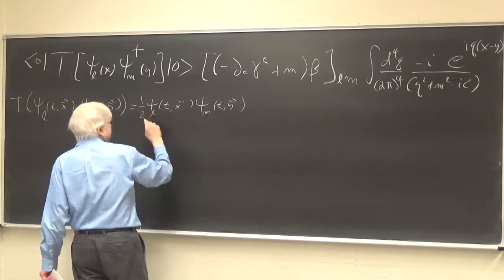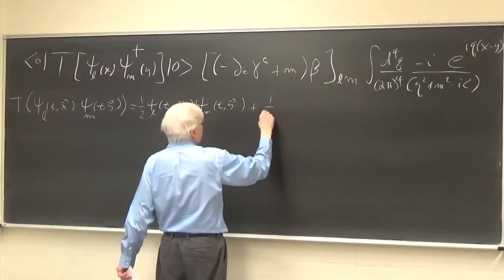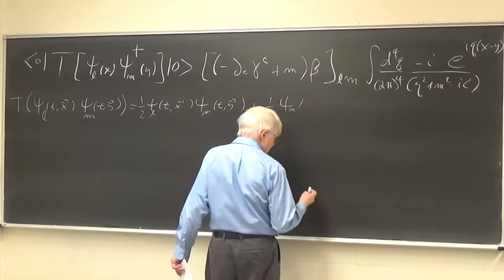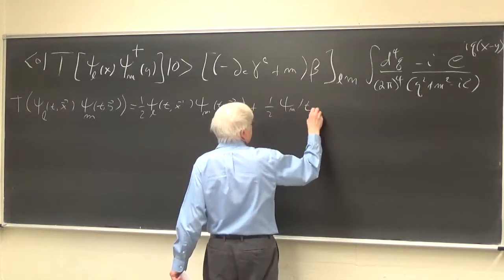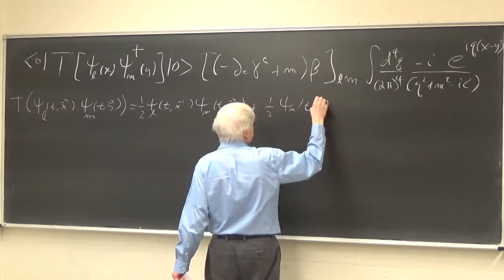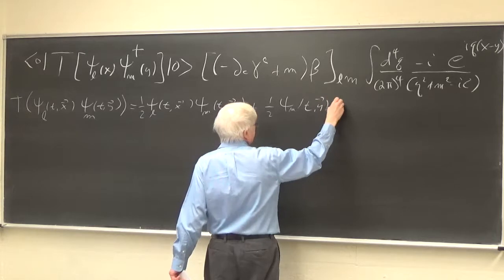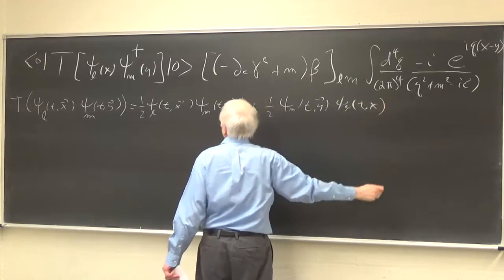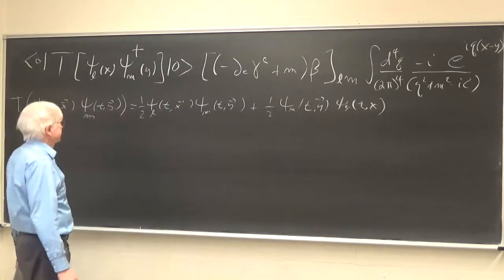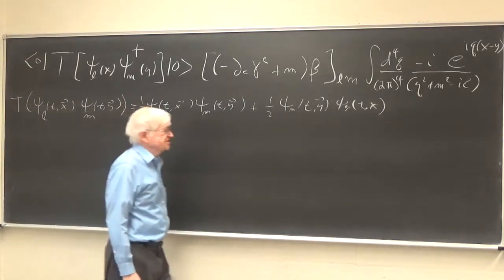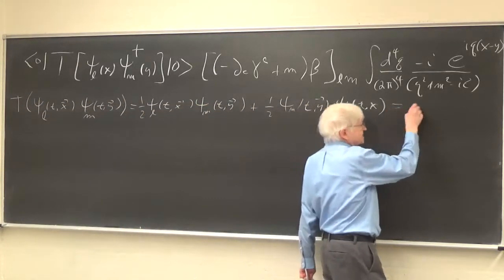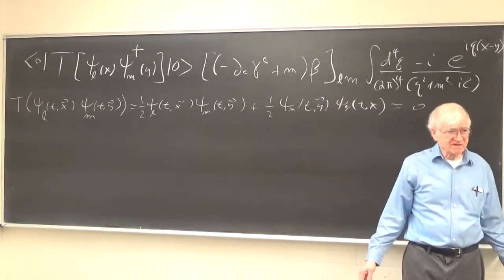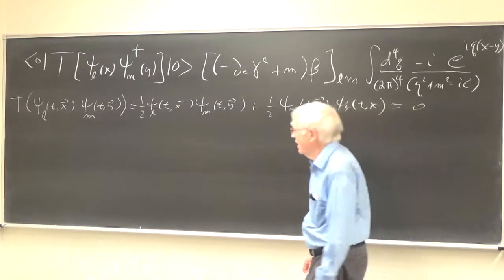If the times were equal, then this would give you a 1/2 plus a 1/2 psi m Ty psi L Tx. And what you can see is that would be just 0, because the anti-commutator of the Fermi field with itself at equal times is 0.